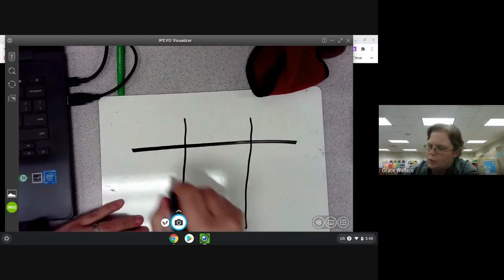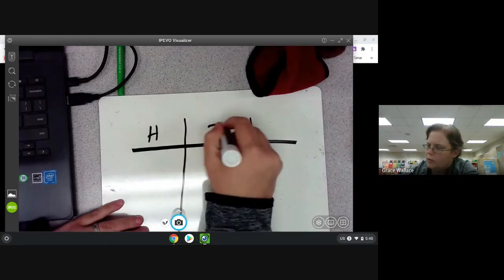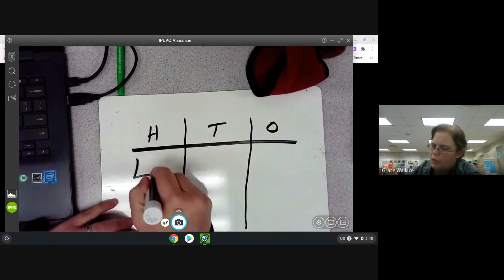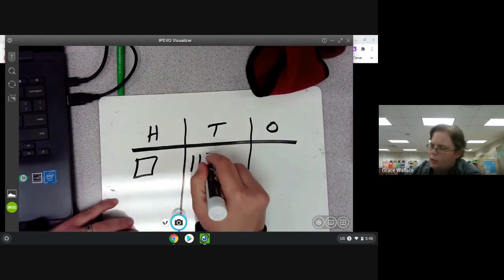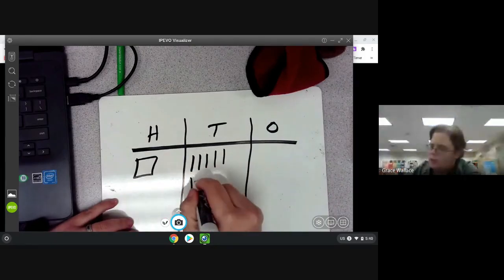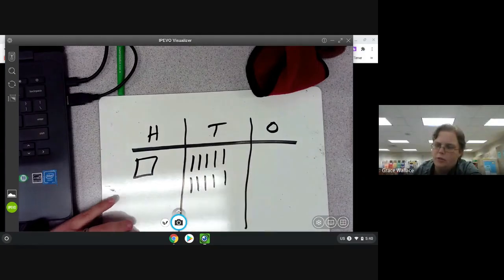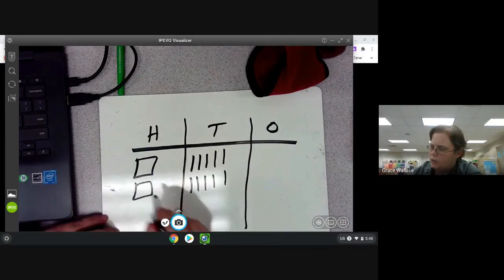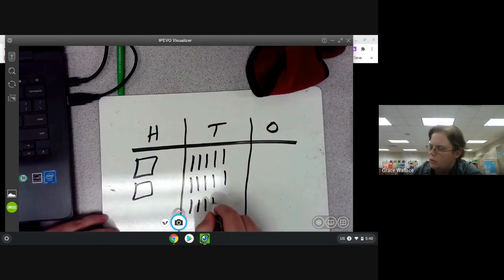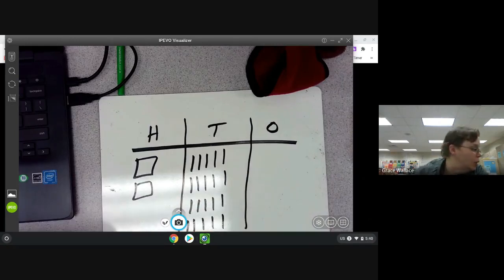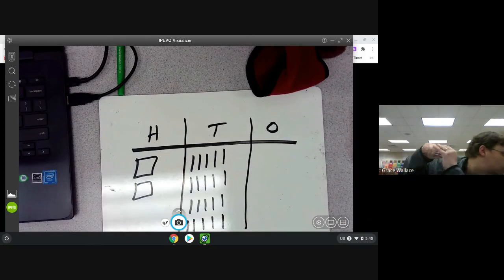I have hundreds, tens, ones. If I have 100, I can draw 10 tens. If I have 200s, I can draw 20 tens. And I can keep going on and on and on.